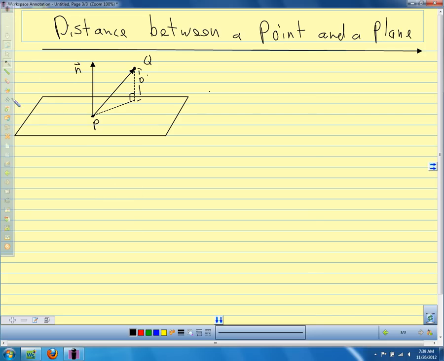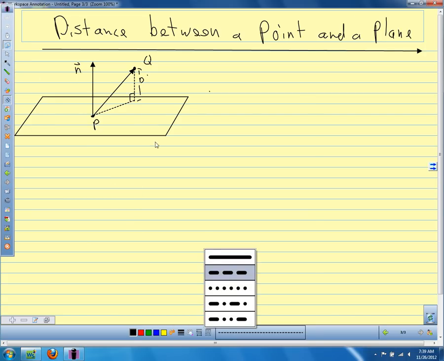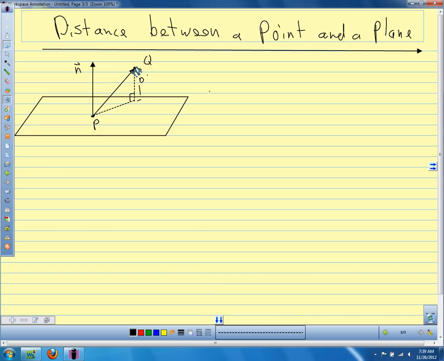And I'm going to draw one other little projection over here, like so. All right, now that I've drawn this diagram, does anybody have an idea of how we might go about this? How do we find this distance d?